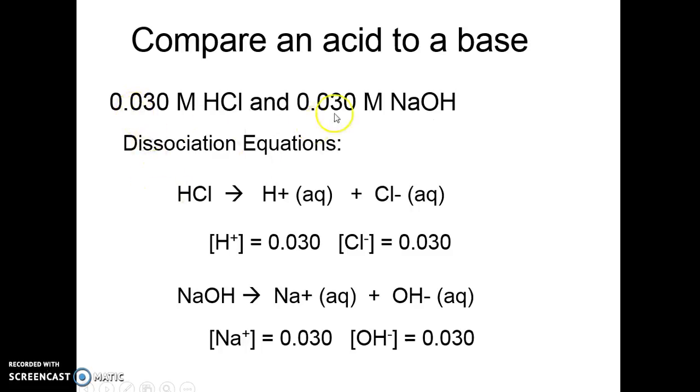So we're going to look at the same concentrations of hydrochloric acid and sodium hydroxide. When hydrochloric acid dissociates, we get protons. When sodium hydroxide dissociates, we get hydroxide. So in the acidic solution, I have 0.03 molar of protons. In the basic solution, though, I have 0.03 molar of hydroxide.